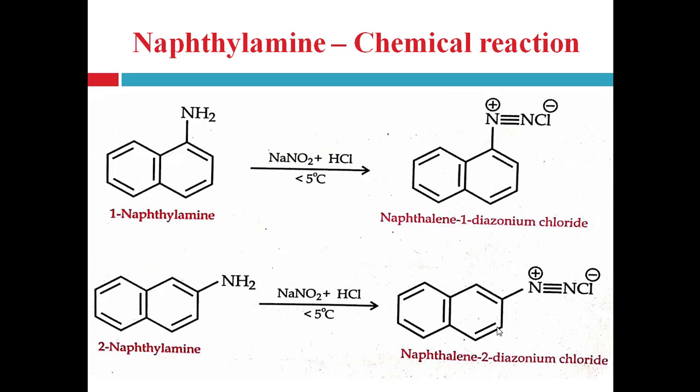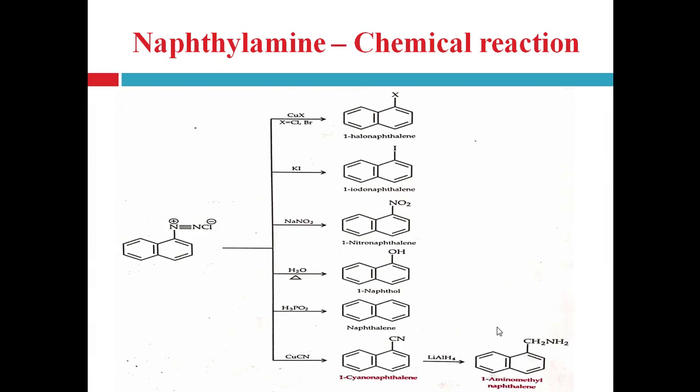In the previous diazotization reaction, naphthalene diazonium chloride salt is obtained. As I said, these salts can be further used for the synthesis of different organic compounds. So here some examples of the synthetic application of this naphthalene-1-diazonium chloride are given.